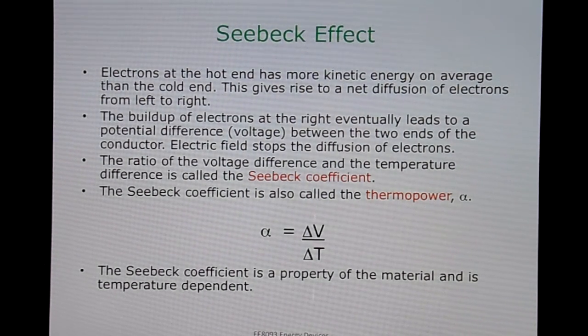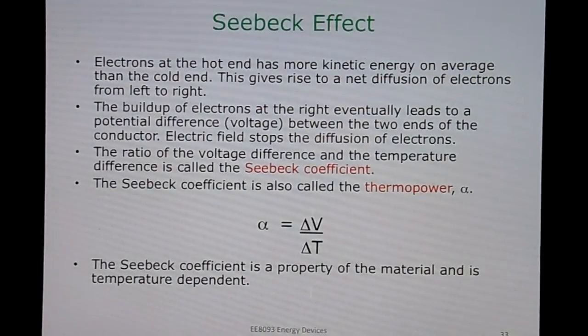It is simply the voltage difference delta V across the conductor divided by the temperature difference delta T across the conductor.